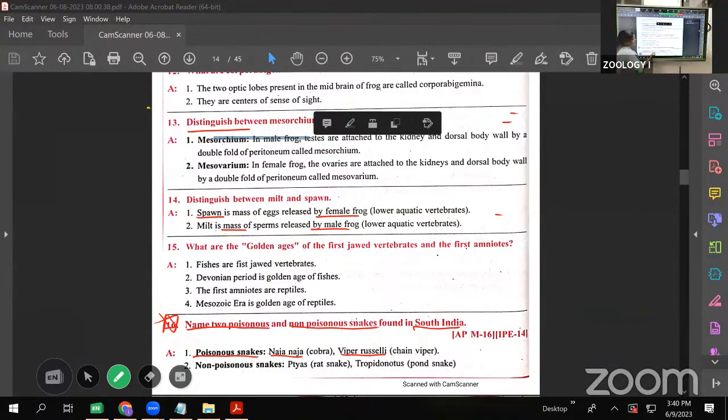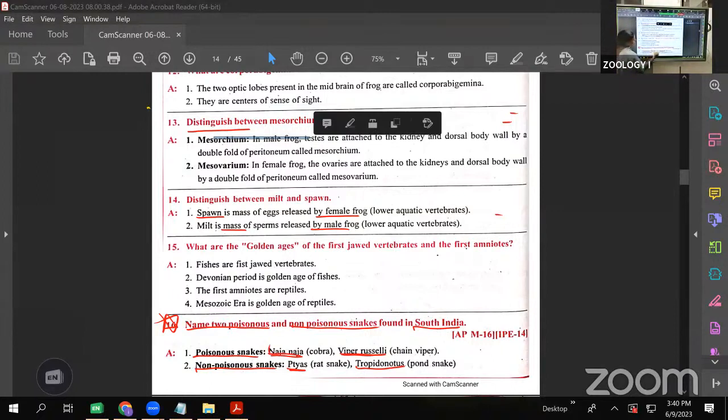Clear? Naja or cobra, and Vipera russelli, also called chain viper, are poisonous. Which are non-poisonous? Ptyas, the rat snake, and Tropidonotus, the pond snake. These two are non-poisonous. Very important question, given repeatedly many times. That's why learn it clearly.